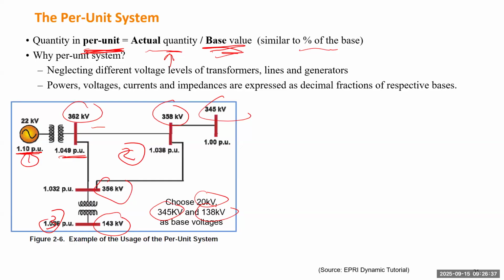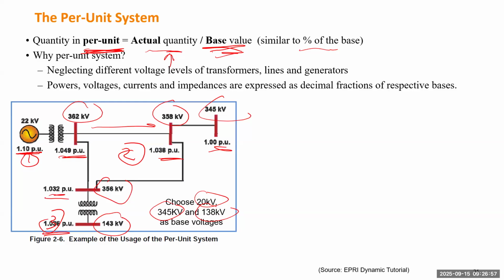And after delivering active and reactive power, the other end will have slightly lower voltage, 3.8%. Then to this bus, that's basically the same voltage as nominal value.